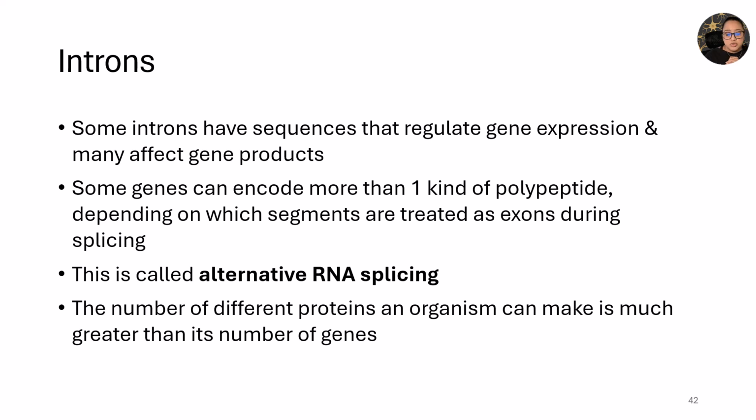If you have high blood pressure, you could take out the saltiness. So some recipes have extra information, but it's not all useless. You can pick and choose what you want to include in your recipe. Think of that like introns. Introns have sequences that can help change the final recipe based on what you include or don't include.